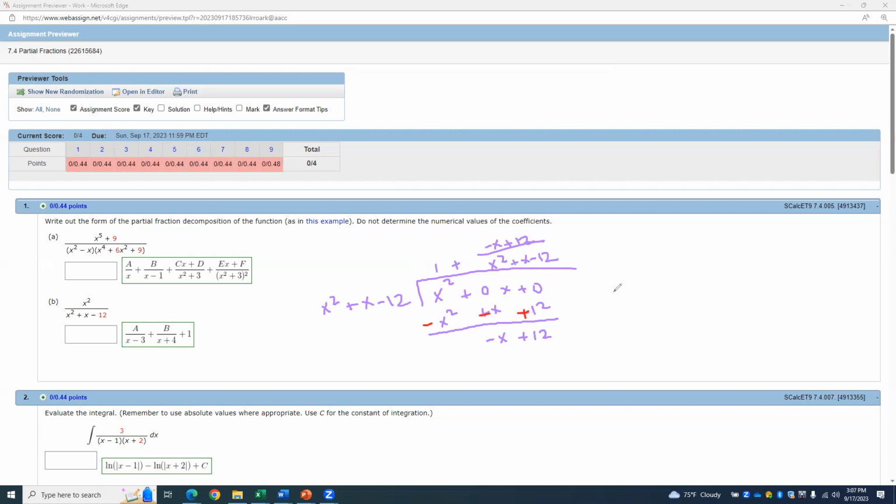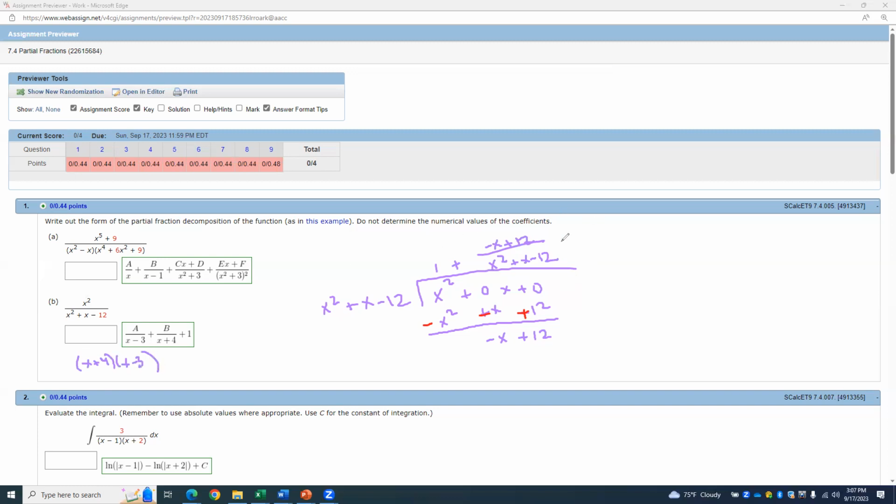So the reason I think a lot of us weren't really getting these problems is because we weren't thinking about it as having to divide first. Okay, so once we do that, then we'll be like, okay, so the 1 is hanging out. X squared plus x minus 12 factors into x plus 4 times x minus 3.